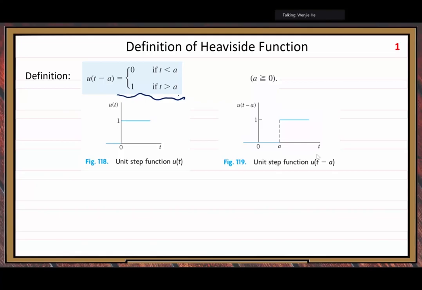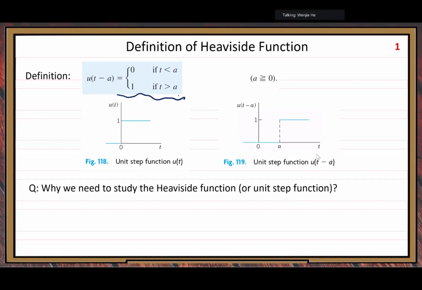It's very easy to see, because when t equals a, t minus a is 0, and that is the starting point of the second piece based on this unit step function. So the shape of this step function is shifted by a units to the right. When you use t plus a, it shifts to the left, the opposite direction.